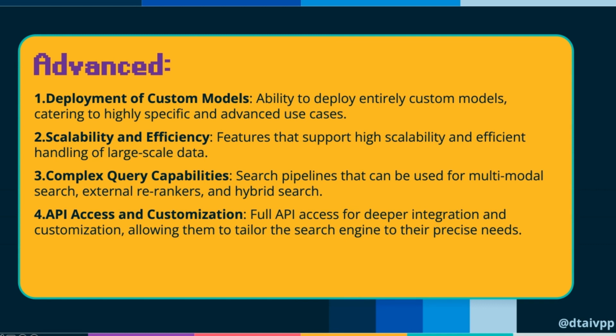Additionally, they're looking for complex query capabilities. Say, for example, you are a modern search app, and you want to do both keyword search or BM25 search and vector search at the same time, because you know that hybrid search typically produces better search results than just BM25 or just vector search. So you might be looking for something like a search pipeline. This lets you put all of that logic into your search engine.